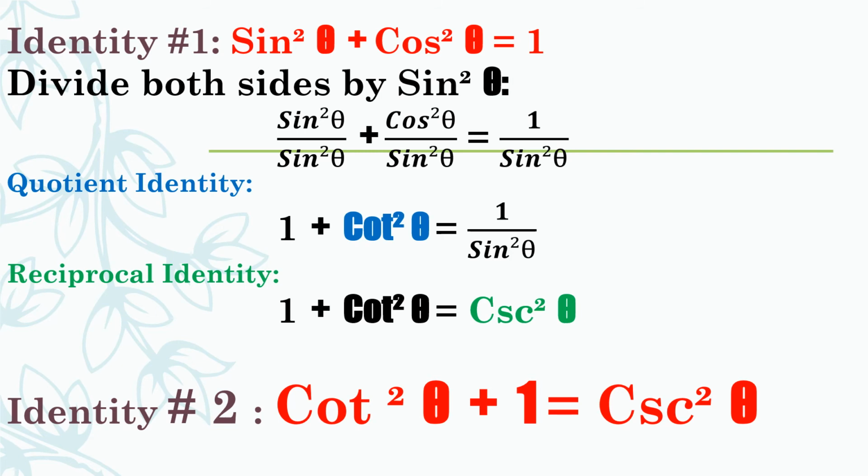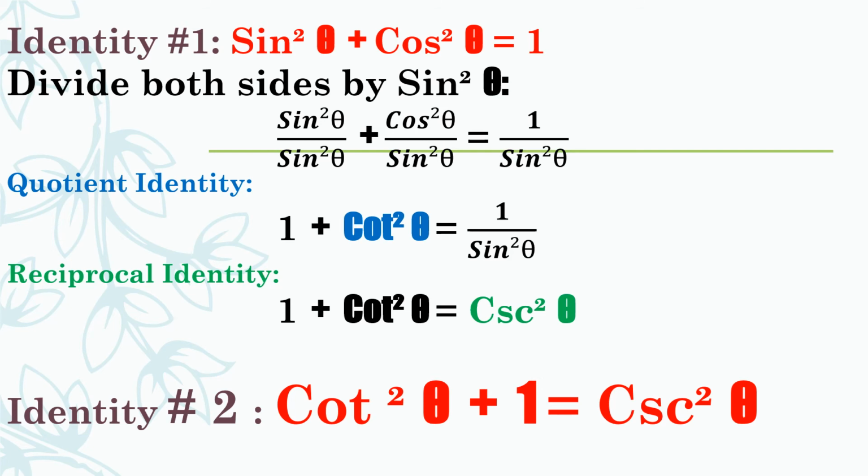So how are we going to do this? We are going to divide both sides by sine squared theta. Alright, let's proceed. Dividing both sides, we have now sine squared theta over sine squared theta plus cosine squared theta over sine squared theta is equal to 1 over sine squared theta.